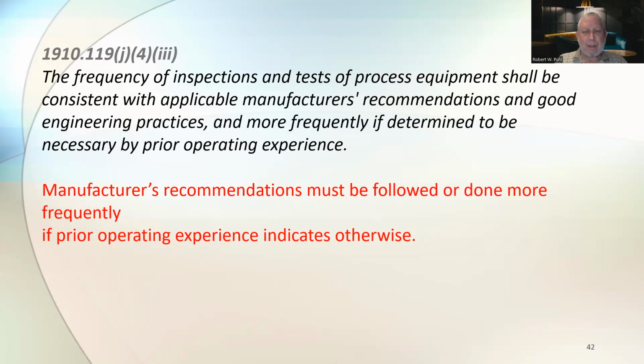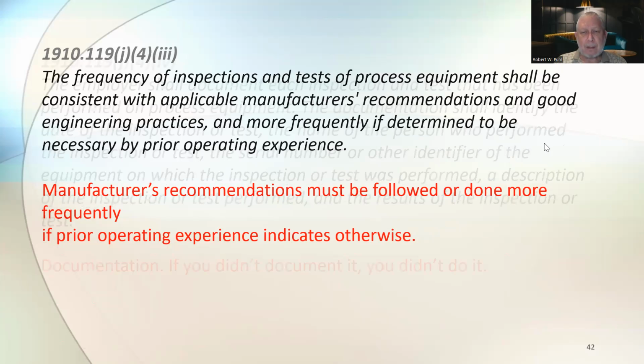So manufacturer's recommendations must be followed or done more frequently, unless prior operating experience indicates otherwise. In other words, if it wasn't enough to keep things kosher, then they have to be done more often. So you can't just blame it on manufacturer's recommendations.